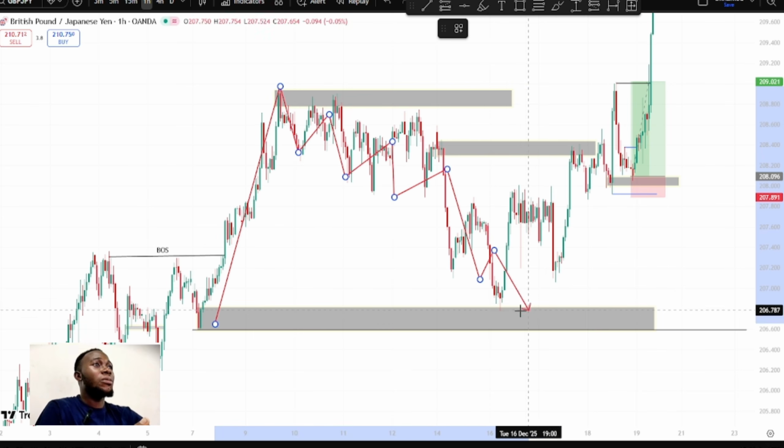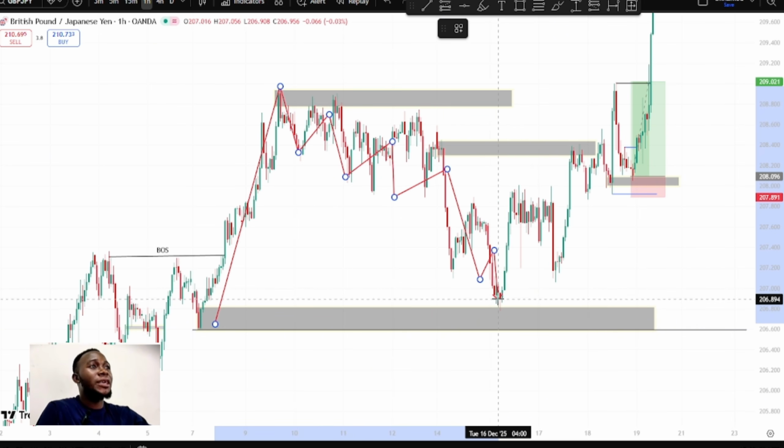Now, as an SMC trader, like I explained in my previous video, this is what I always want to look out for. Wait for the market to retrace back to the swing low, which is my strong structure. I know that this has to hold for market to keep pushing to the upside.